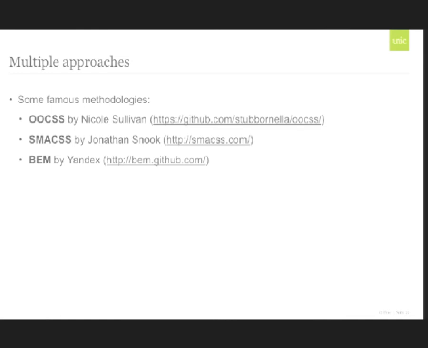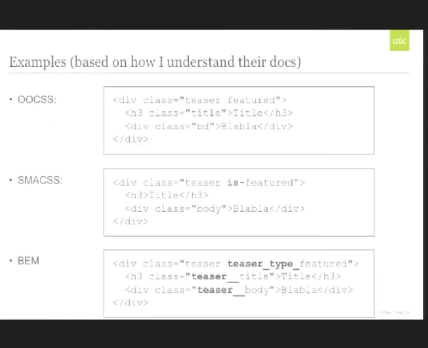And well, we see it here. Depending on this category, you have a different namespace. So when looking at code in SMACSS, when looking at selectors, you get an idea of what is happening. So this is a state, like this teaser is featured.